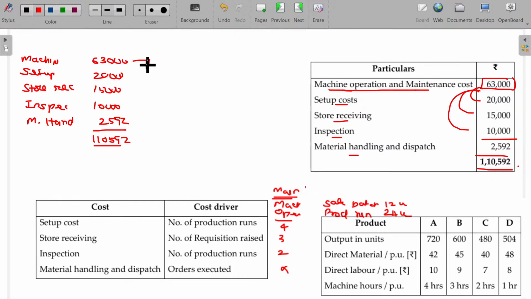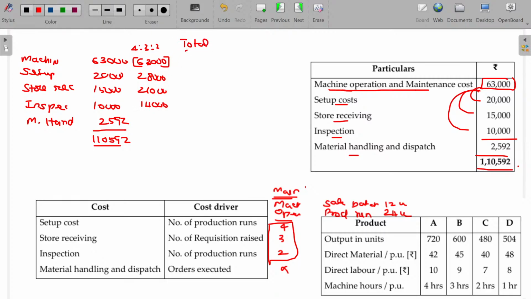This 63,000 is redistributed to the remaining three in the ratio of 4:3:2. You cancel that 63,000 here. Share this in the ratio of 4:3:2: 9 parts, 63 divided by 9 is 7,000. 7,000 into 4 is 28,000. 3 shares is 21,000, and 2 shares is 14,000.